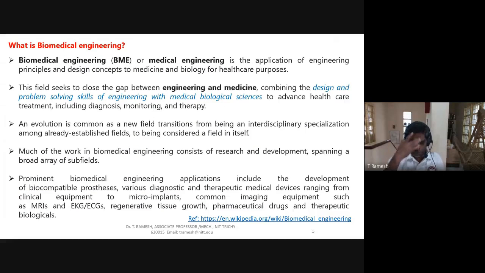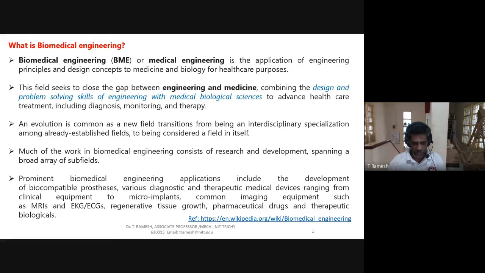Just by seeing the title, don't be afraid about why he's talking about biomedical engineering, because we are very poor in biology, or we are not quite interested in biology subject, am I right? But biomedical engineering is not a subject of pure biology, it is an integration of many engineering disciplines, starting from materials, mechanical design, manufacturing.